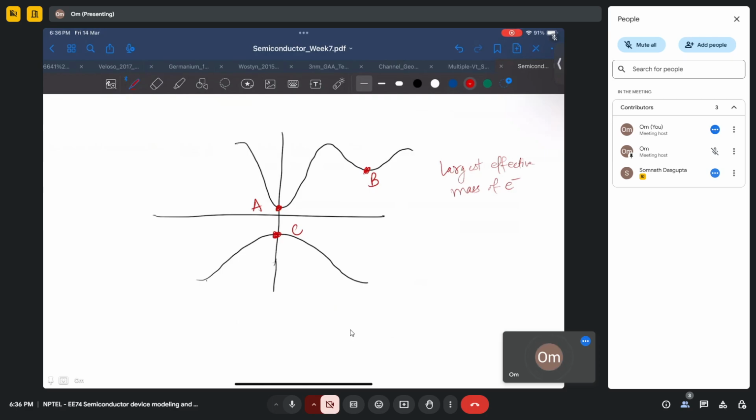Effective mass of electron. Yeah. Right. B is correct, and why B.